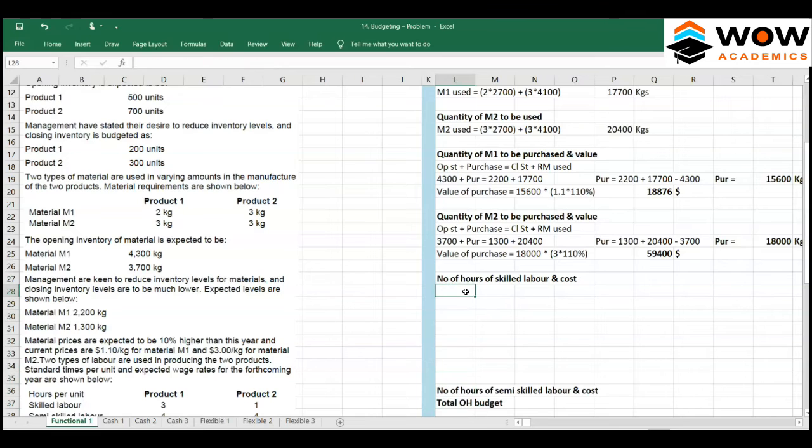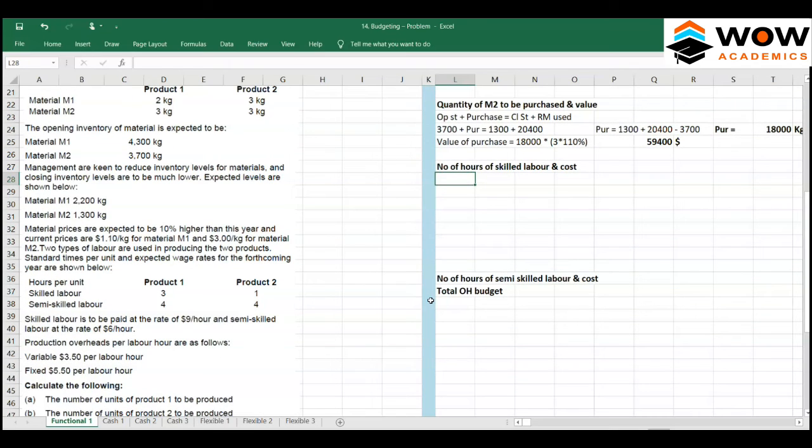So we'll have to work out the number of hours for skilled labor and its cost. So we'll read the question. They say that 2 types of labor are used in producing the 2 products. So standard times per unit and expected wage rates for the forthcoming year are shown below.